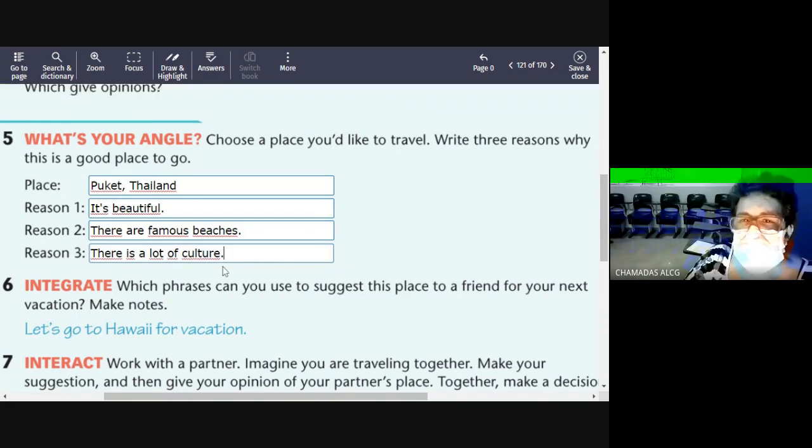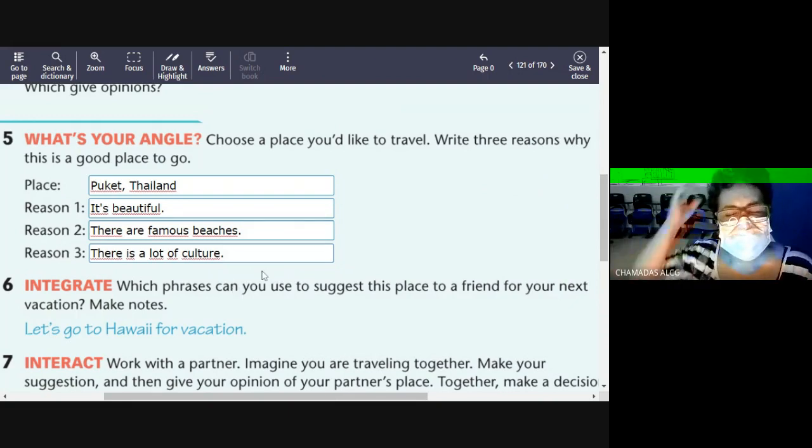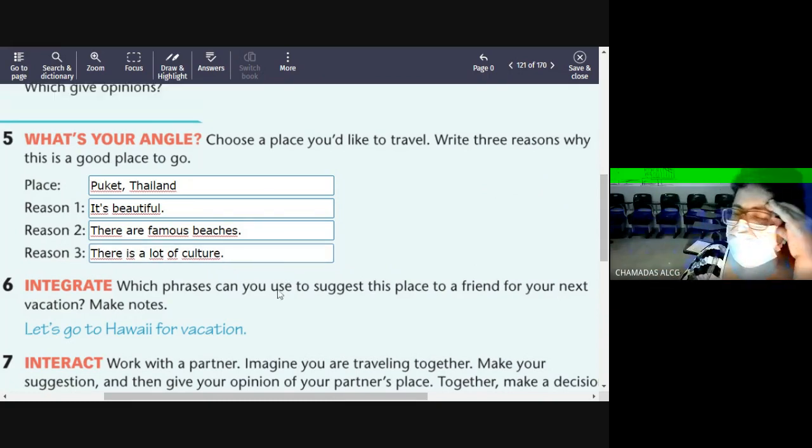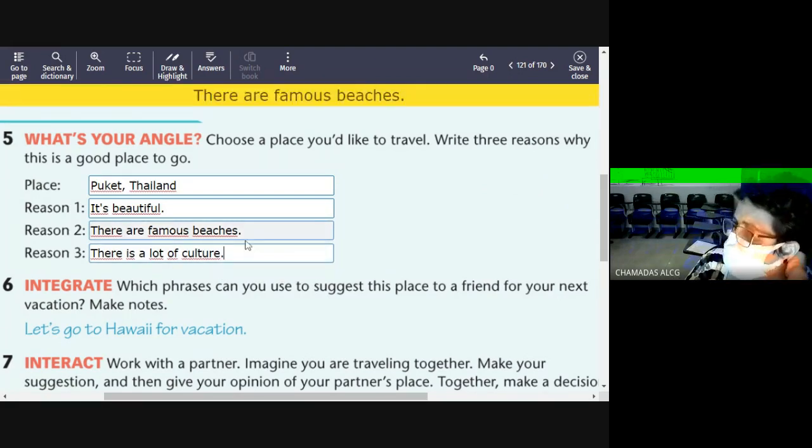The country is so rich. It has religious culture. It has the folklore. It has music. It has a lot of art. So there's a lot of culture in general. It's so big in terms of culture. It's a very diversified country. It's amazing. There are famous beaches.